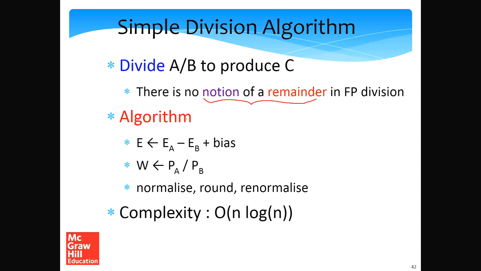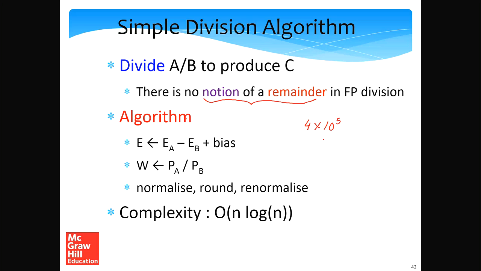After this, let's try to design a very simple division algorithm, the same way we have division in decimal. So in decimal, let's say that we want to divide two numbers. Let's consider an example.